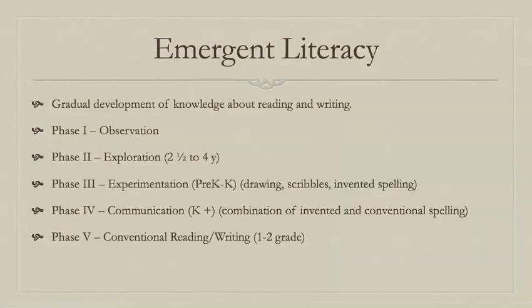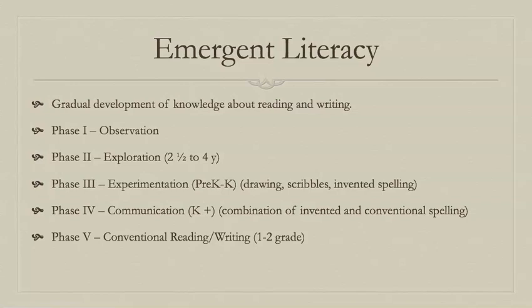Emergent literacy, we're going to touch upon this just briefly so that you have something to pull into that third column of connection to theory, if your observations of your focal child have to do with literacy and not just oral language, right? So these phases that we're going to share here are a gradual development of knowledge about reading and writing. There are some ages attached to some of these stages, but really it's very fluid and very gradual, and it's going to be very child dependent.